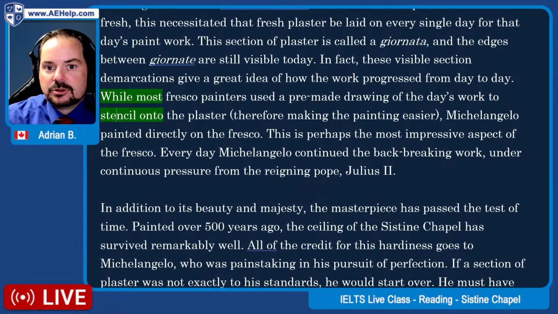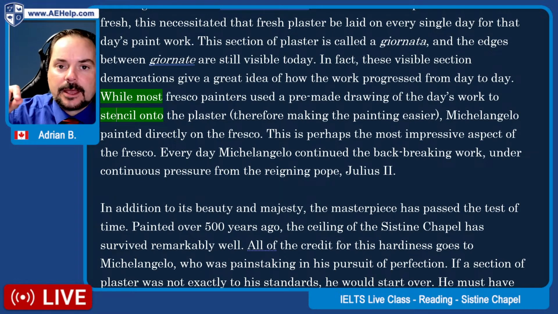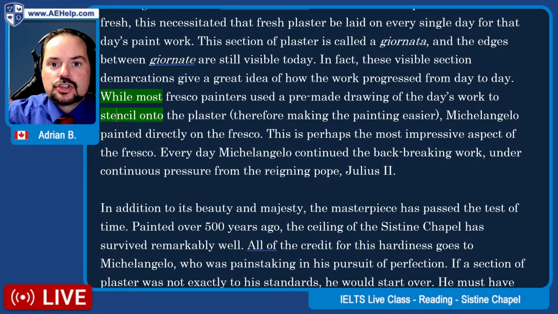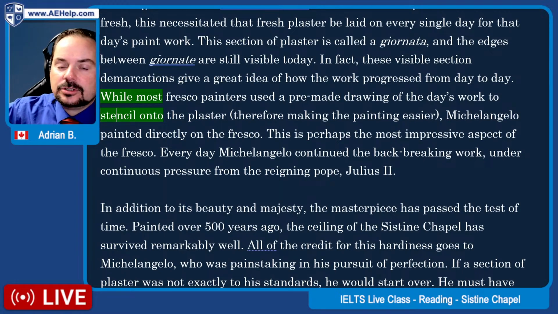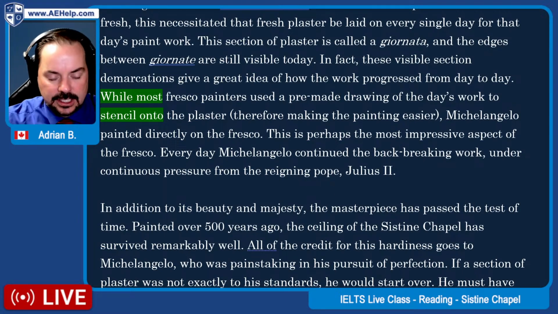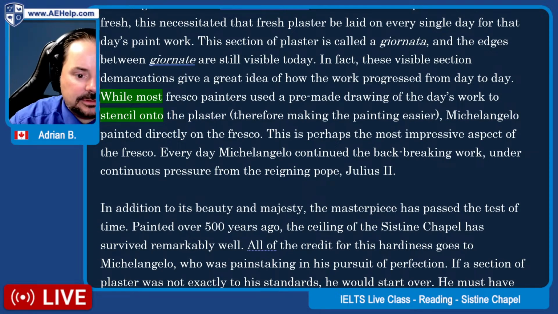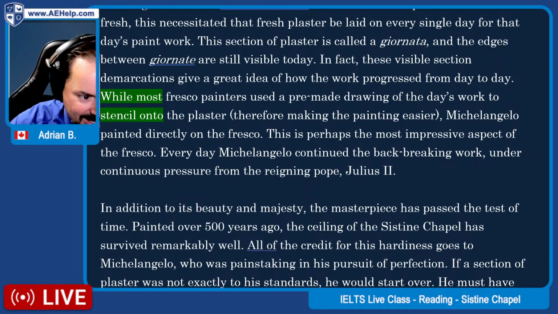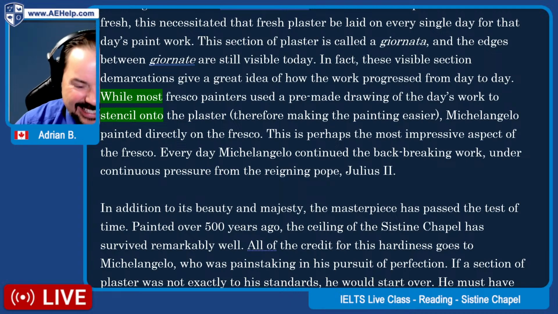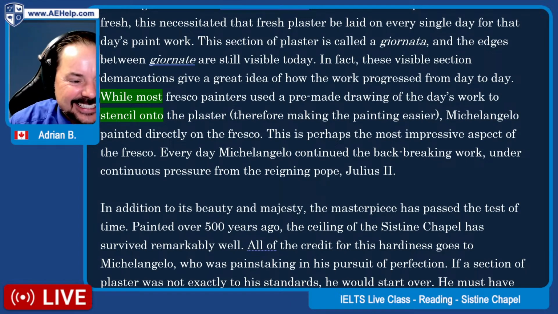So just repeat after me. You can trace over the stencil to make a beautiful drawing easily. You can trace over the stencil to make a beautiful drawing easily. Exactly. To make a beautiful drawing easily.